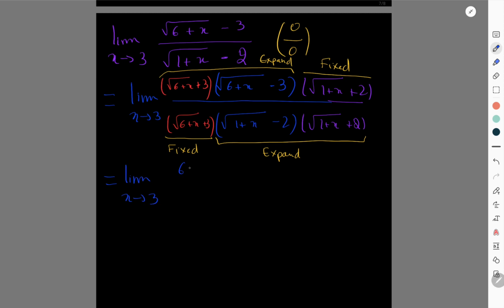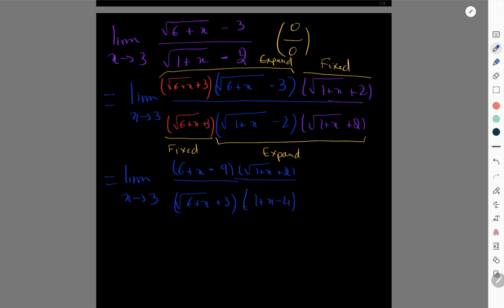So let's do that. What do we get? We get 6 plus x minus 9, times root 1 plus x plus 2. Now, on the bottom, root 6 plus x plus 3 times, what is that? This is 1 plus x minus 4.